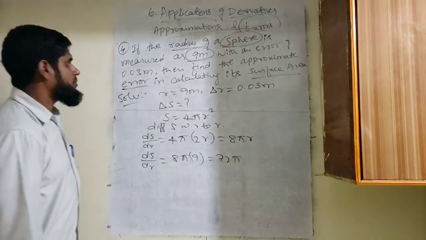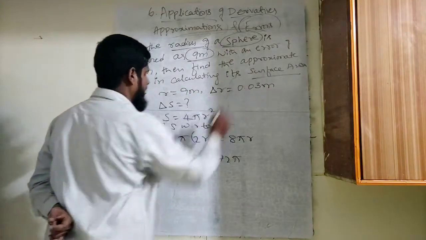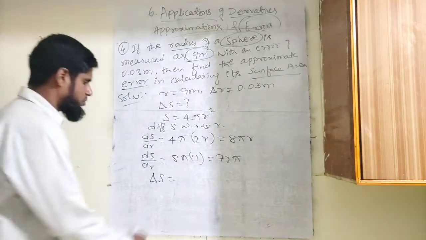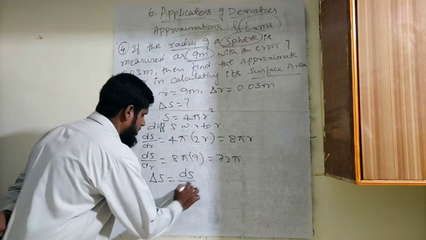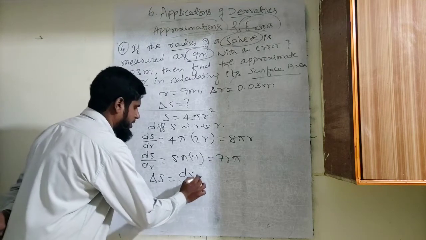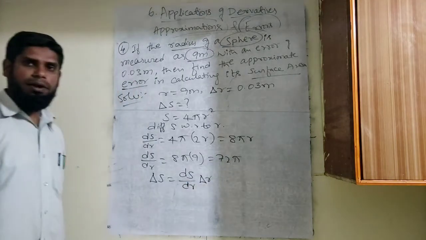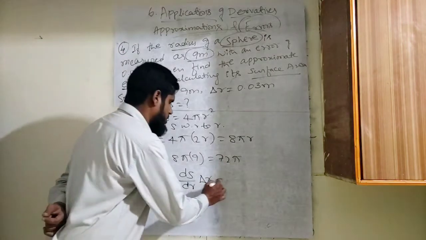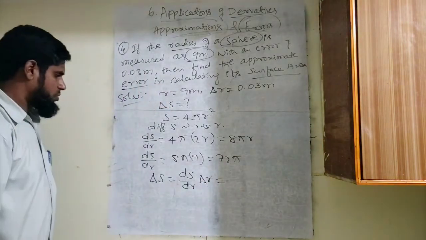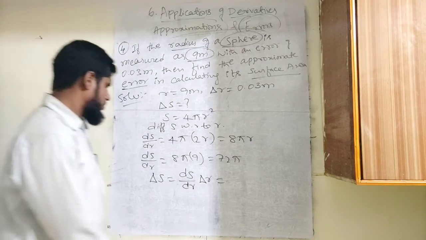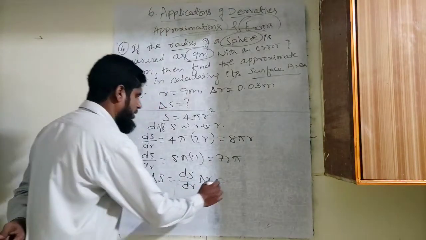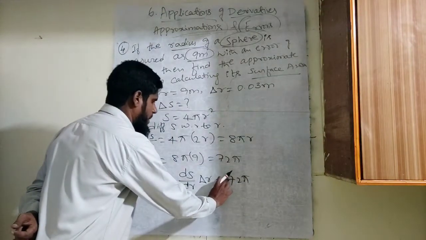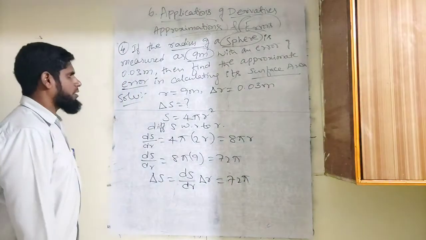So the approximate change in the surface area, that is our delta S is equals to dS by dr into delta r. So this is equals to dS by dr is 72 pi, okay, into delta r.